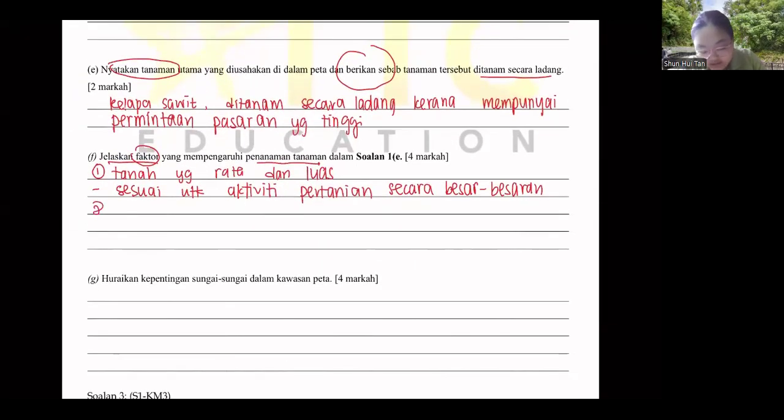Yeah, they have river. So you can say mempunyai sungai sebagai sumber air, untuk menyiram ladang kelapa sawit.